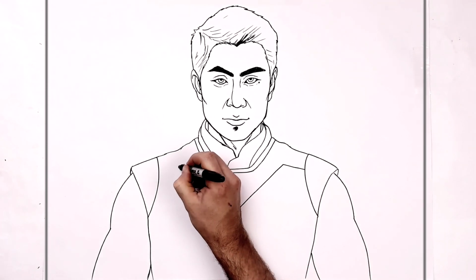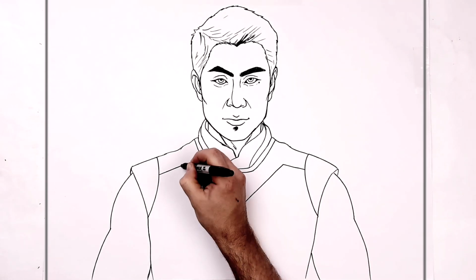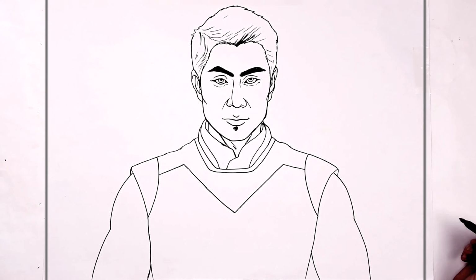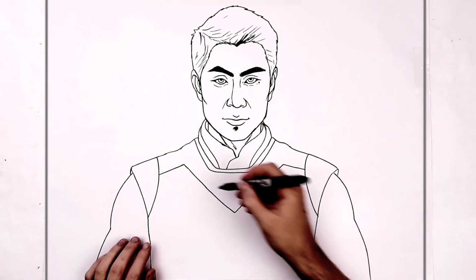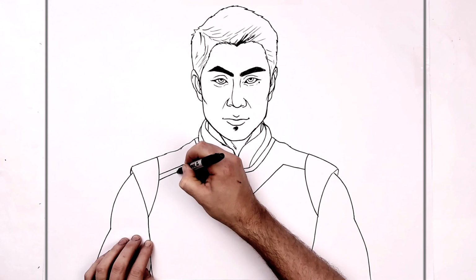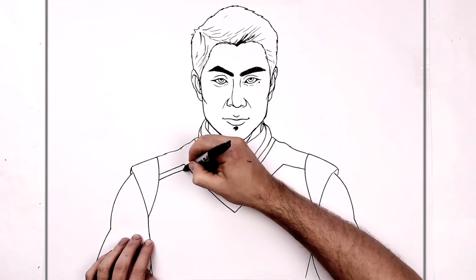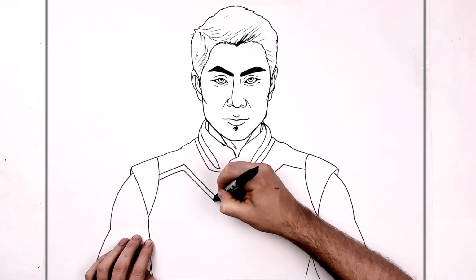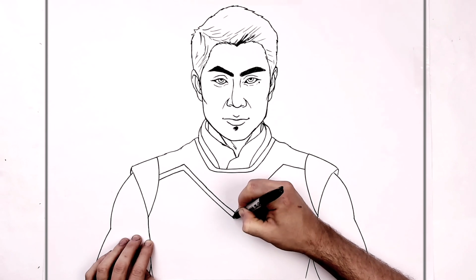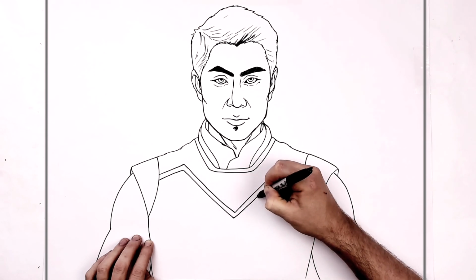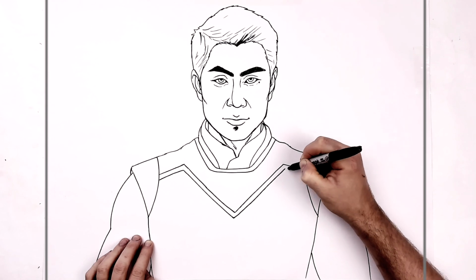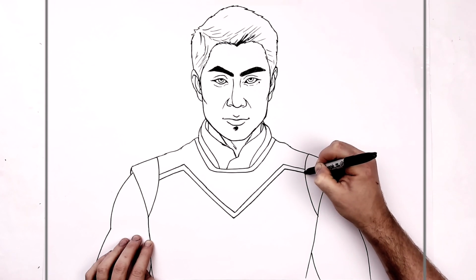And then we bring it down to there. So this is a double line. So we go across, down again, back up, and across into there.